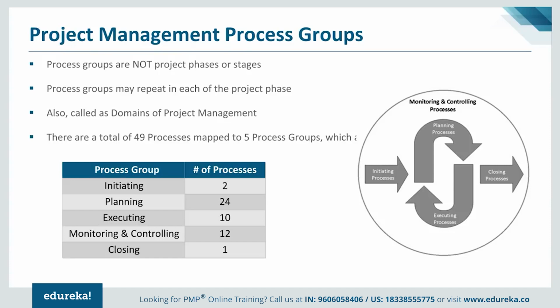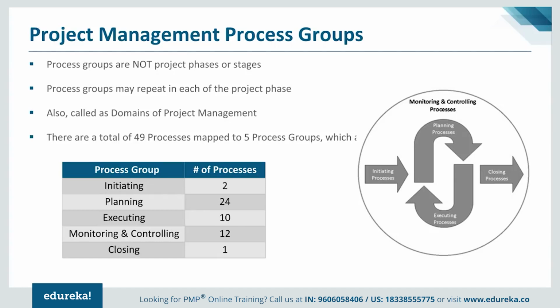Sometimes it seems as if these are phases. For example, we initiate a project, then we do planning and we execute, and then we monitor and control and we close. But remember that these are not phases. They are also called domains of project management from the PMI or PMBOK point of view. But actually, these process groups will be a part of each and every phase.